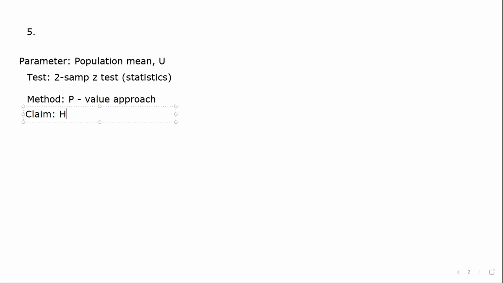So I'm going to say H1 is mu1 is greater than mu2, where we let group 1 equal the men and group 2 equal the women. So here, group 2 is the women.